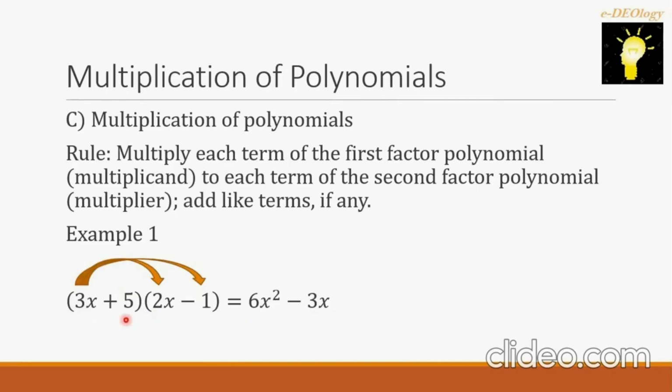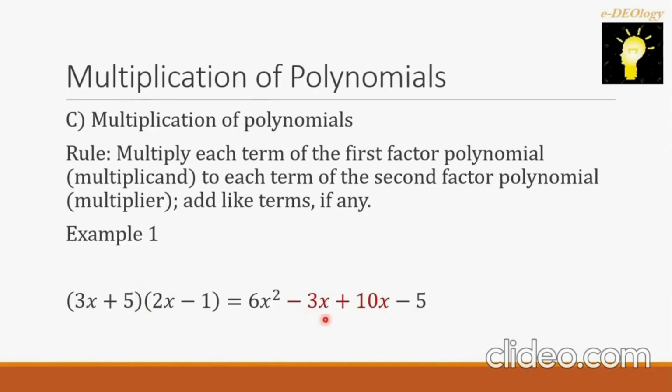The next is the 5, the second term of the first group, we will multiply to all terms of the second group. So 5 times 2x, you will get 10x, and 5 times negative 1, we will get negative 5. And then we will see if there are like terms.